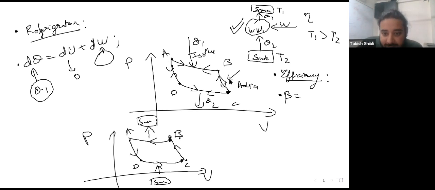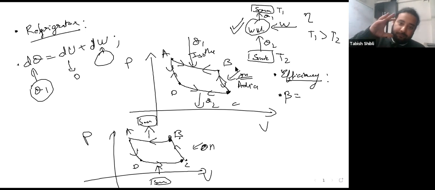In the Carnot cycle case, it was being done by the system. In the refrigerator case, it is being done on the system, to heat extract करने के लिए. And in the heat engine case, you need work done by the system.